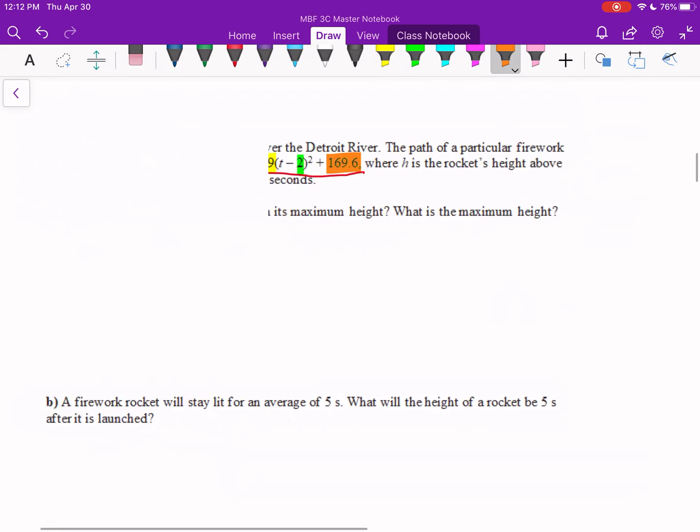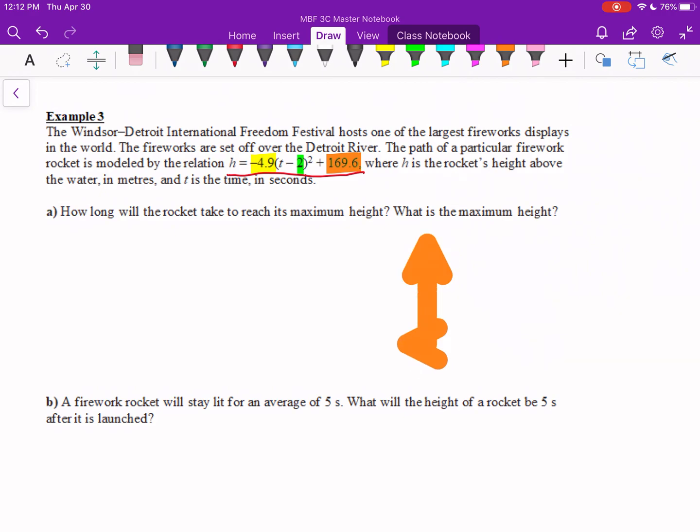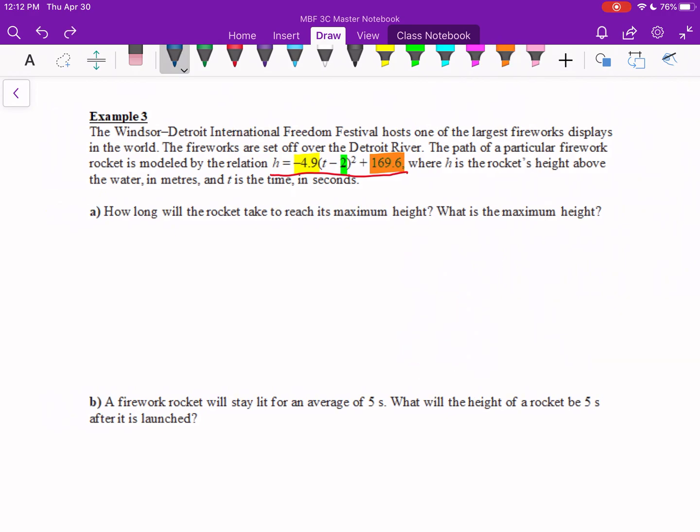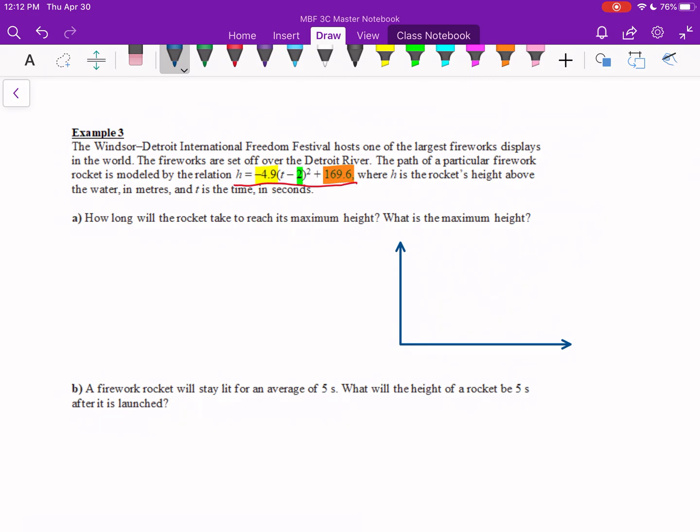Let's draw a little sketch of it, and we can see what's going on. I always forget to change back to my pen. There we go. Okay, so we're going to stick with quadrant 1, positive. So the firework is going to look, I don't know exactly what the graph's going to look like, but let's imagine it starting something like this and coming down like this.